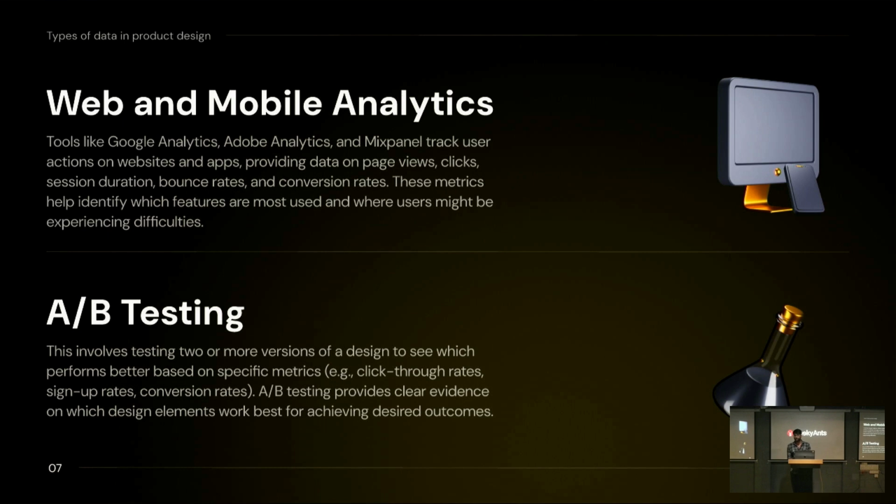For a particular flow, they release two designs, design A and design B, and then they test them out with a real-life audience. Once they test it out, they get an understanding of how it is actually performing. Then they take the decision, okay, design A is actually performing better, and we will push design A to everybody who's using Instagram. So that's pretty much how A/B testing works.